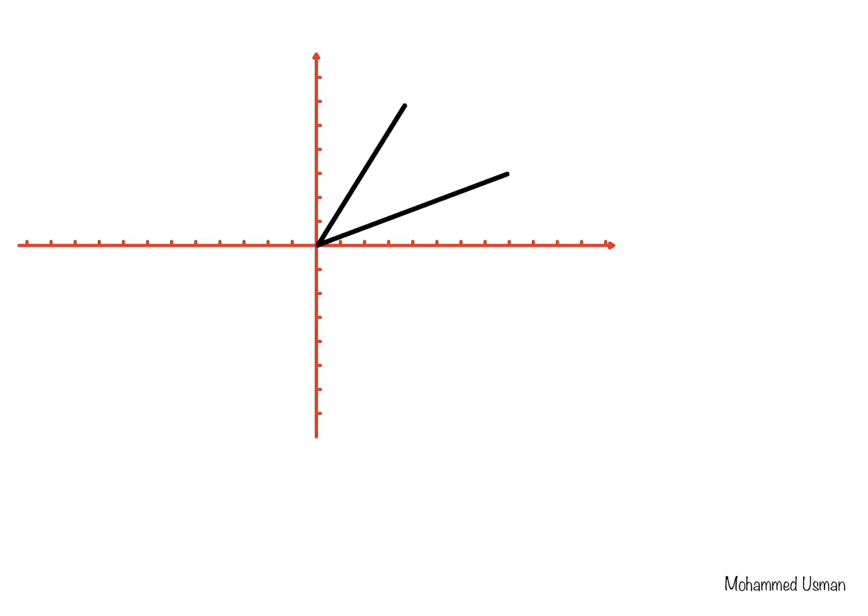So the axes themselves are the basis functions. We will call this axis phi 1 of t, and this axis phi 2 of t. And we'll call this our signal S1 and this our signal S2.